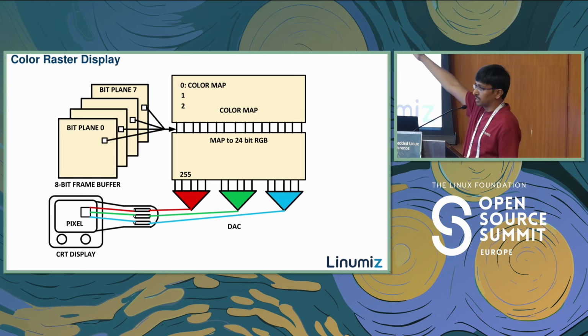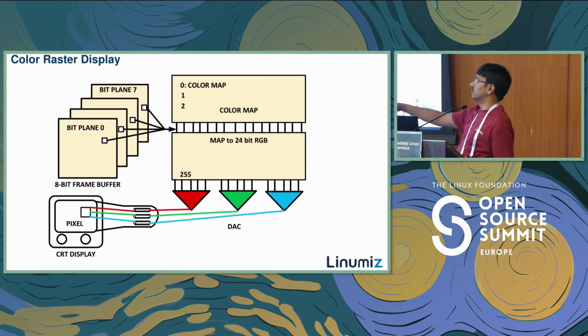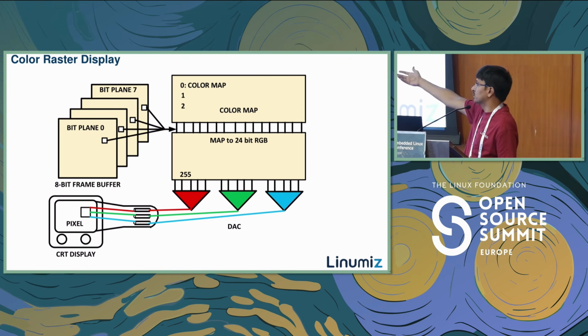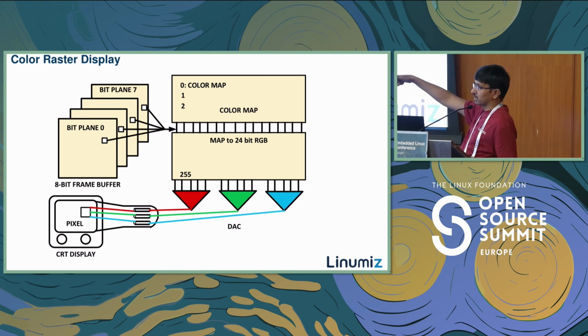And on the right, you see the color map, which technically decodes or translates this into 24-bit RGB by indexing into the planes. And this 24-bit RGB will technically be emitted to the hardware display and infra, which would translate into a real voltage signal, let's say a digital to analog signal, and that would translate into a voltage which would illuminate the electron beam in your cathode ray tube, and that's what you see as the real pixel.